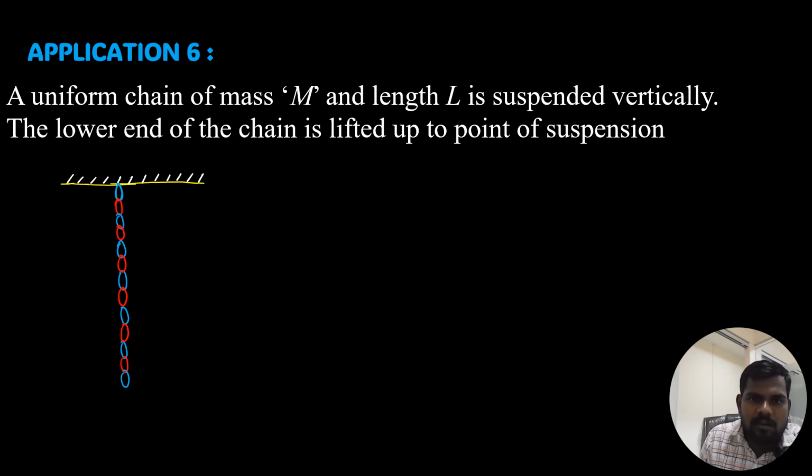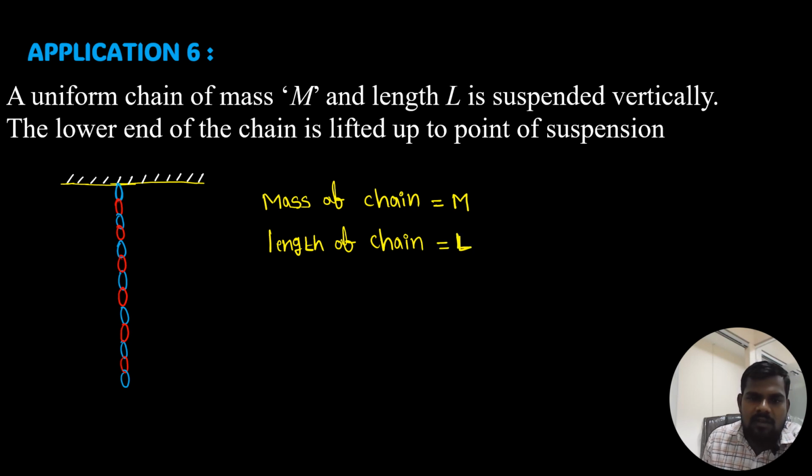I am taking the mass of the chain as capital M. The length of the chain is capital L. So this is the uniform chain, which means this is the center of gravity, the total mass of this chain is located at this point.